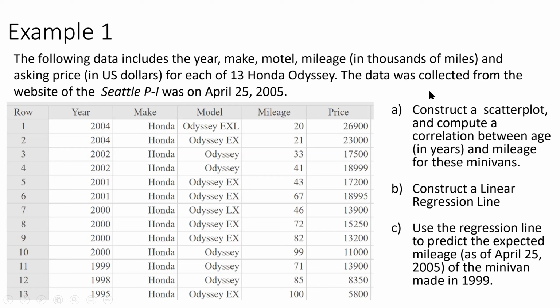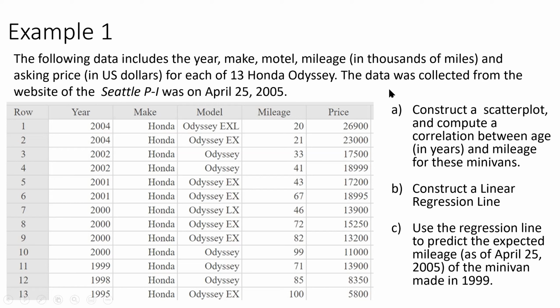The data was collected from the website of the Seattle P-I on April 25th, 2005. So this is an older data set, which explains the prices. The prices are higher today. But anyway, let's work with this data.